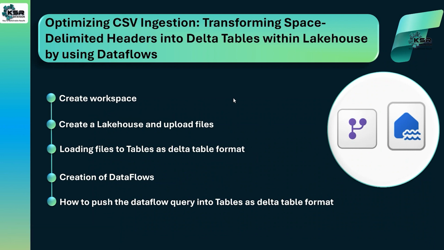I pulled the data from the lakehouse and promoted rows as headers. Then I added the destination and published that into the lakehouse. Once the publish and refresh completed successfully, it is loaded directly into the tables section as a delta table, dynamically loaded with underscores assigned. So this is how we can load CSV files having column headers with spaces.